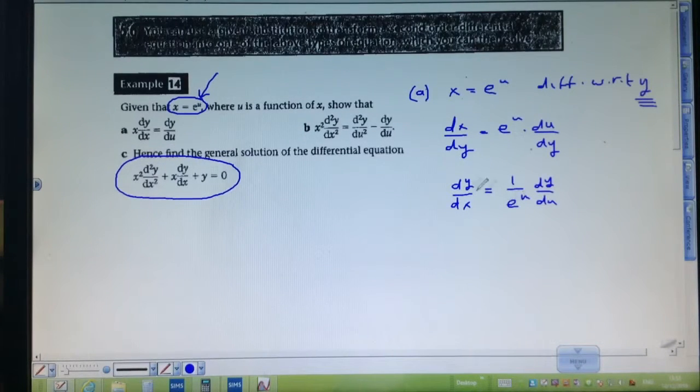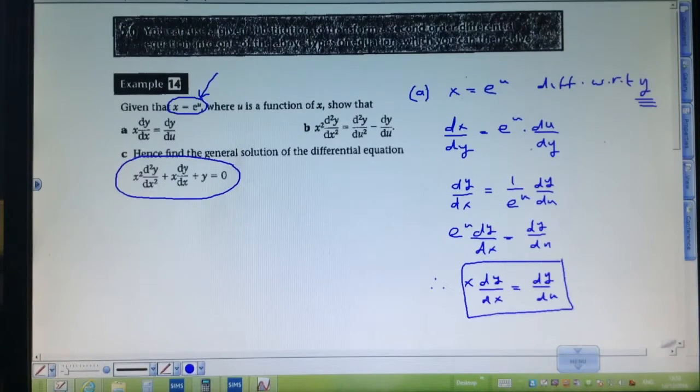Times through by e to the u, and you end up with e to the u dy by dx is equal to dy by du, and you already know that x equals e to the u, so we can replace that with x. So finally you end up with, therefore, x dy by dx is equal to dy by du as required for part A.